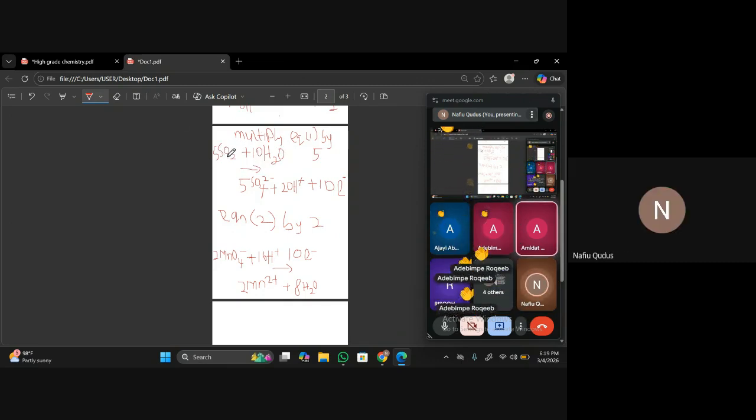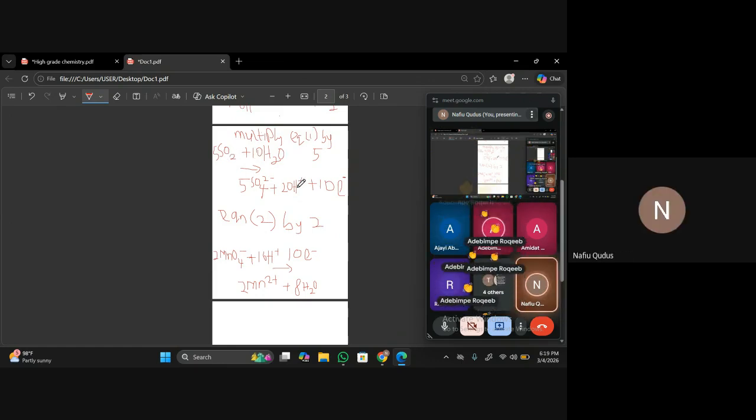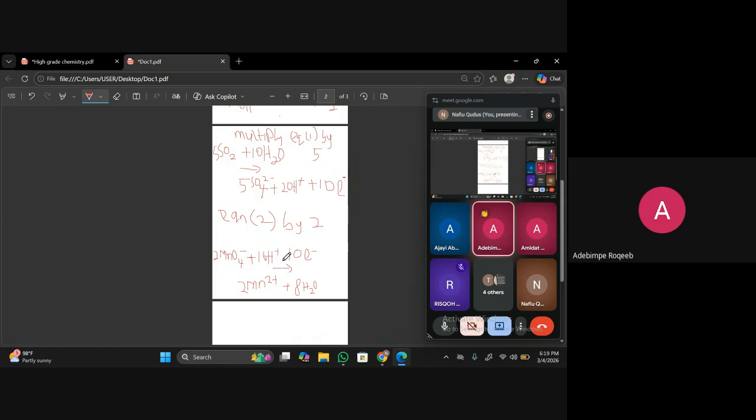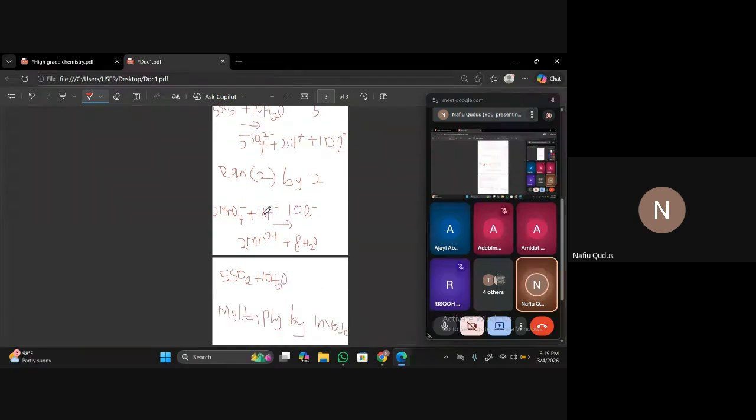We have the reactants of 5SO2 plus 10H2O. That's the reactants of equation 1, right? What's the reactant of equation 2?